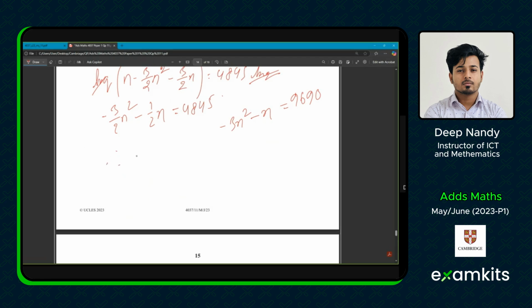We can write this equation as 3n squared plus n plus 9690 equals to 0. If we solve this equation by middle term break, the value of n will be given. So n will be equal to 57.